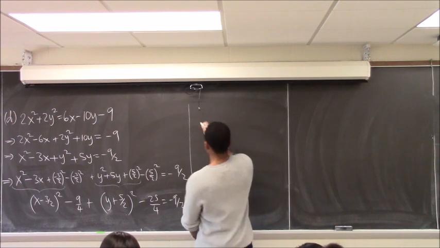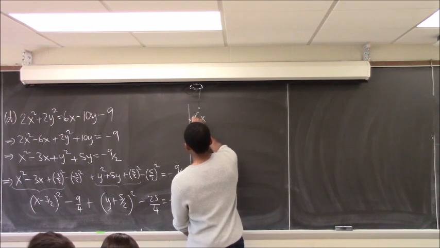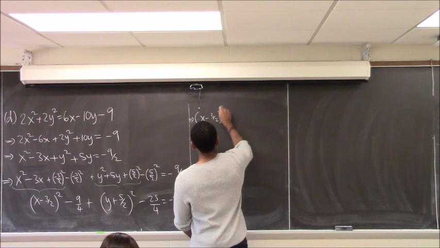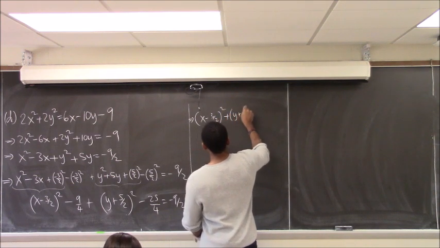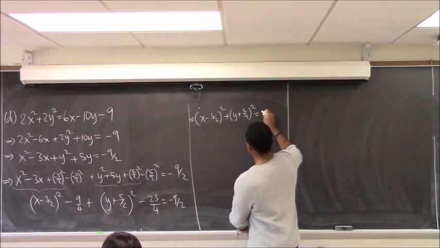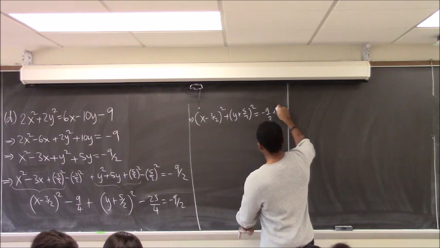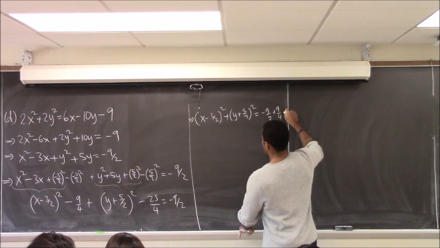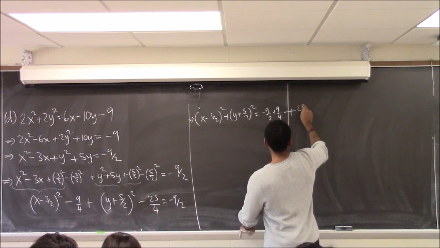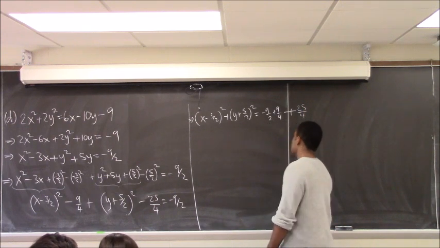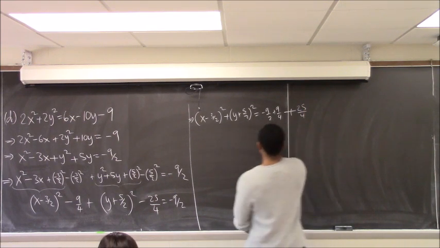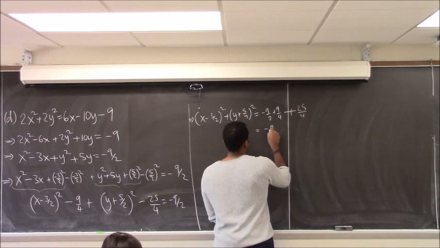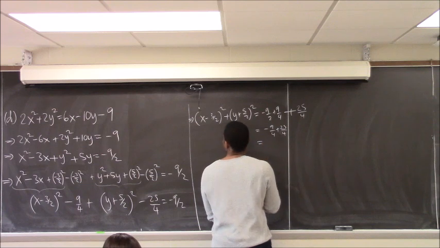Bring those guys over, so it's x minus 3 over 2 squared plus y plus 5 over 2 squared equals minus 9 over 2 plus 9 over 4 plus 25 over 4. So this is going to be minus 9 over 4 plus 25 over 4, which gives you what?